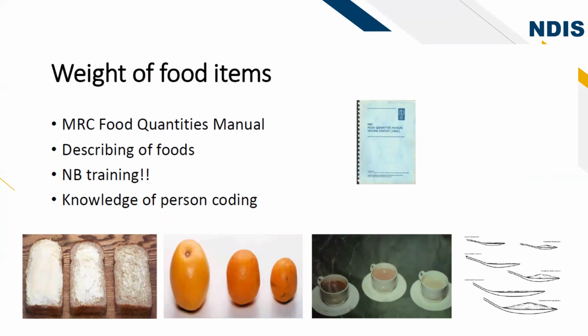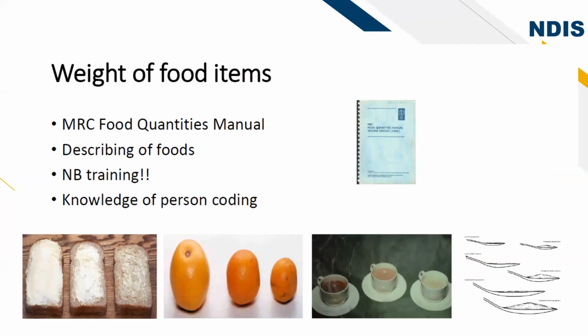So you can use your food quantities manual to quantify the food. So if it has been described, for instance, the lemons here and the oranges in the middle as large, medium, and small, in the food quantities manual, you can go and look and see what is the large, medium, and small.